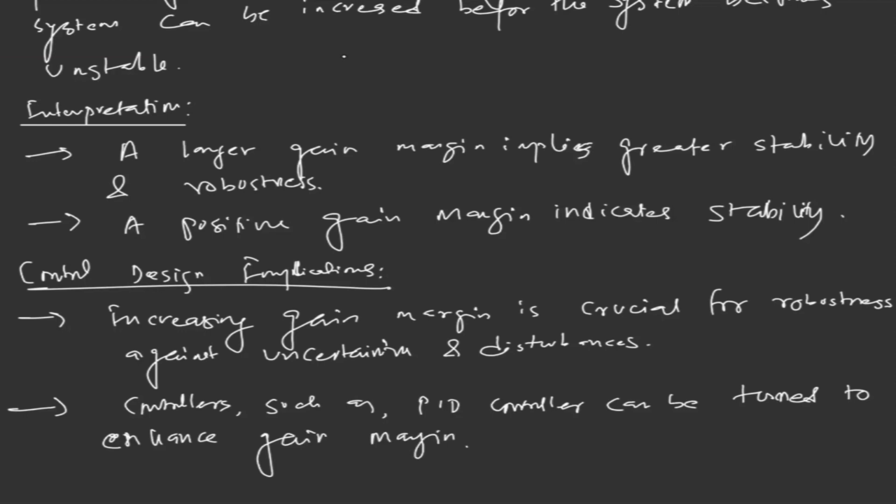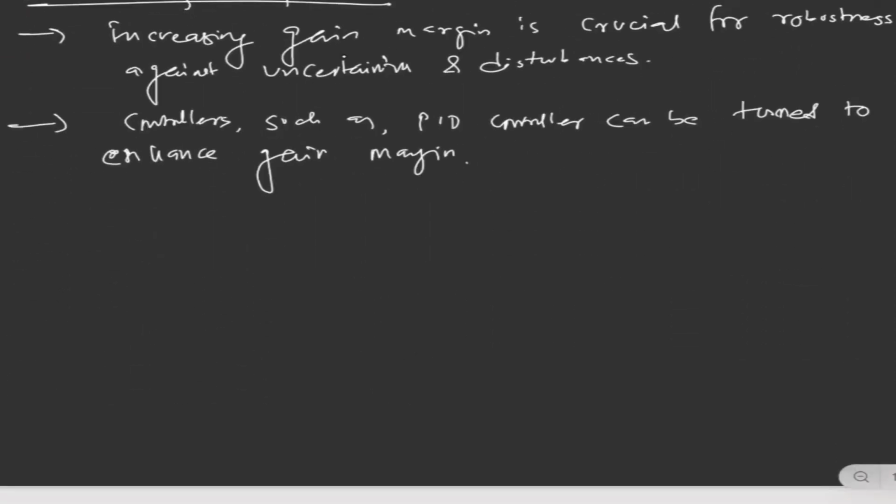So this is how we can explain the gain margin and phase margin in a control system and how they are very important for getting the desired stability and robustness of the closed loop control system. Now let's go how we can come up with the gain margin and phase margin from the frequency plot. Let's consider the following figure.